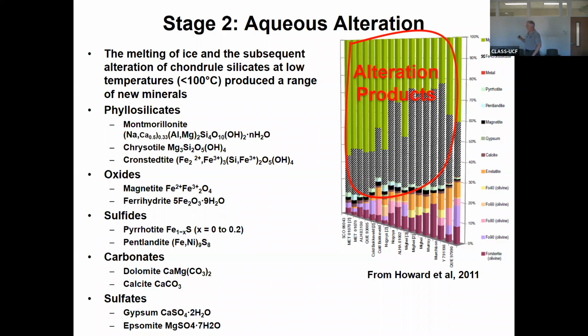Question? When you melt these ices, what's happening with those volatiles? Yeah, good question. Some of it goes into the crystal structure because there's no other way of getting the OH into the cronstedtite other than just sucking it out of the water. And these things are small, they're porous, they're often highly fractured.